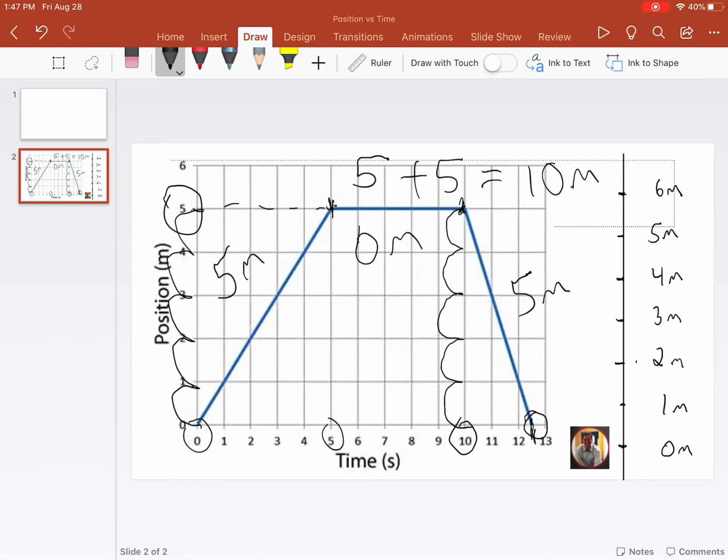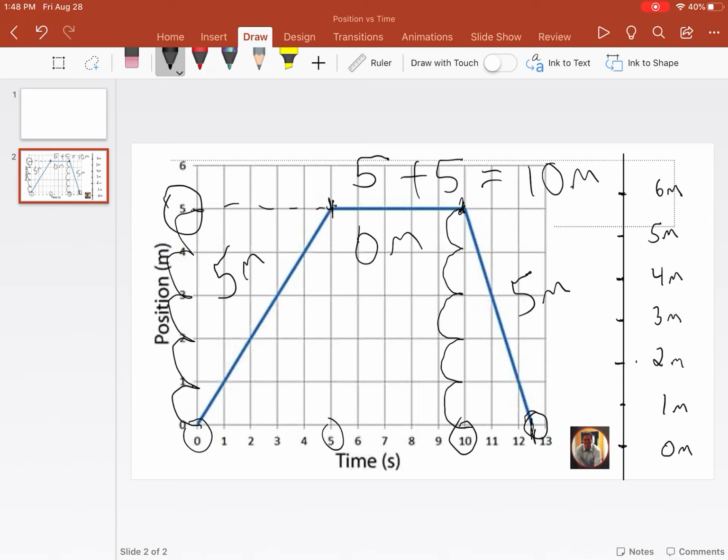Notice I did not call this last one negative. Even though it was negative motion, I just wanted to know how far I walked, period. Without denoting the direction, it's just 5 meters. So displacement is how far I end up from my starting position. I ended up right where I started, so that would be 0. And the distance traveled is how far I actually went, all the back and forths added up.